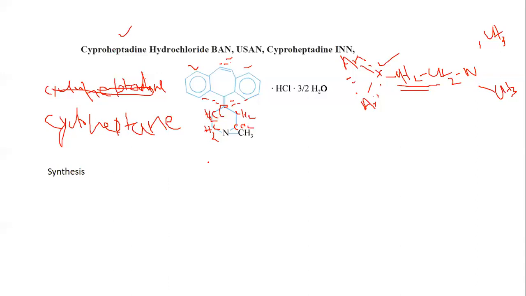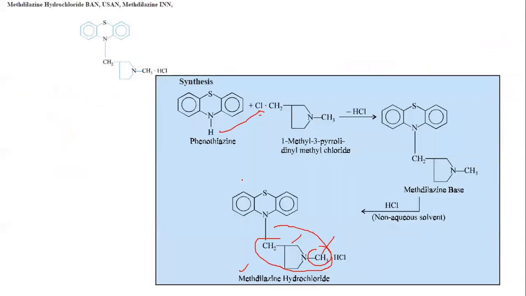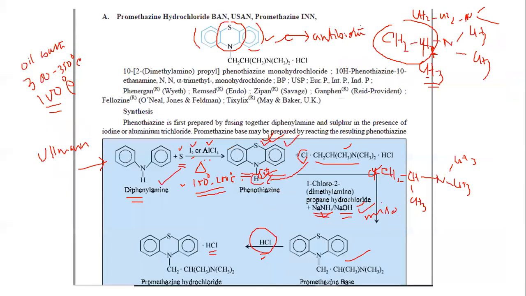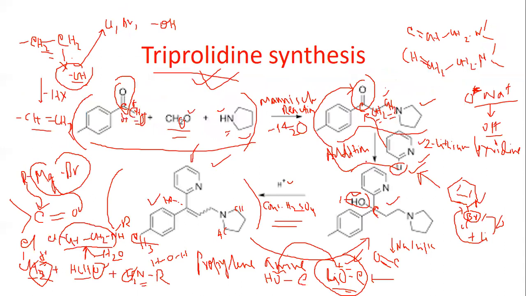If you recall, we did the tripropylene synthesis. We did that Grignard reagent type of addition. Instead of magnesium here is lithium, but it's a Grignard reagent type of addition, organometallic addition. And then we eliminated this OH to yield the double bond here.